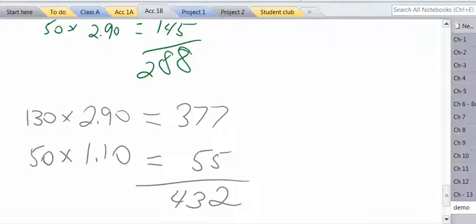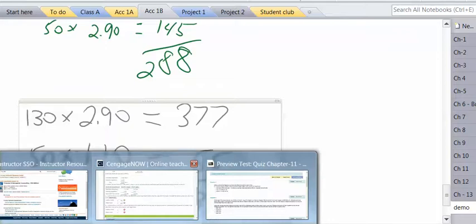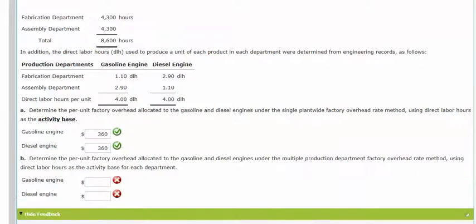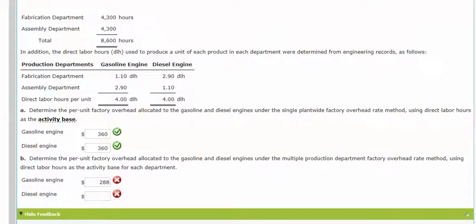Looks like $432. So we can see now if we take these two numbers and plug those in, this one was 288. And 432.